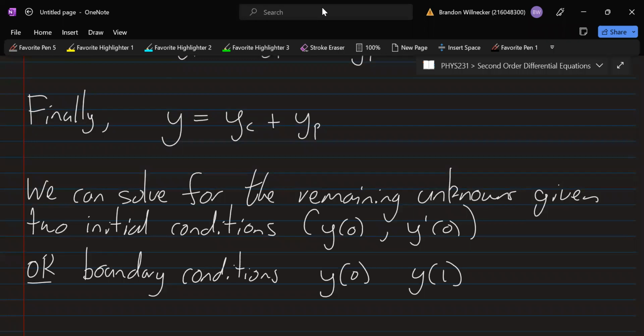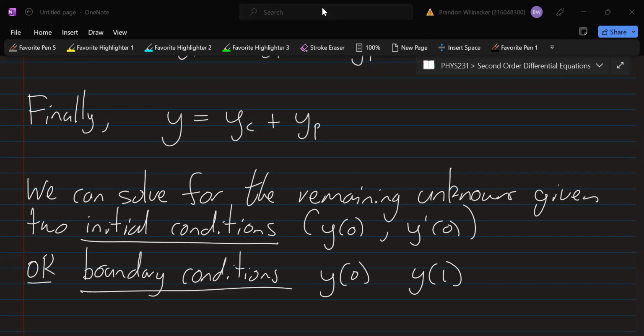And from those two conditions, fixing y at 0 and y at 1, we can determine those remaining unknowns. So it can either be via initial conditions, y at 0 and the derivative at 0, or boundary conditions where we are given y at either endpoint. In this case, y at 0 and y at 1.